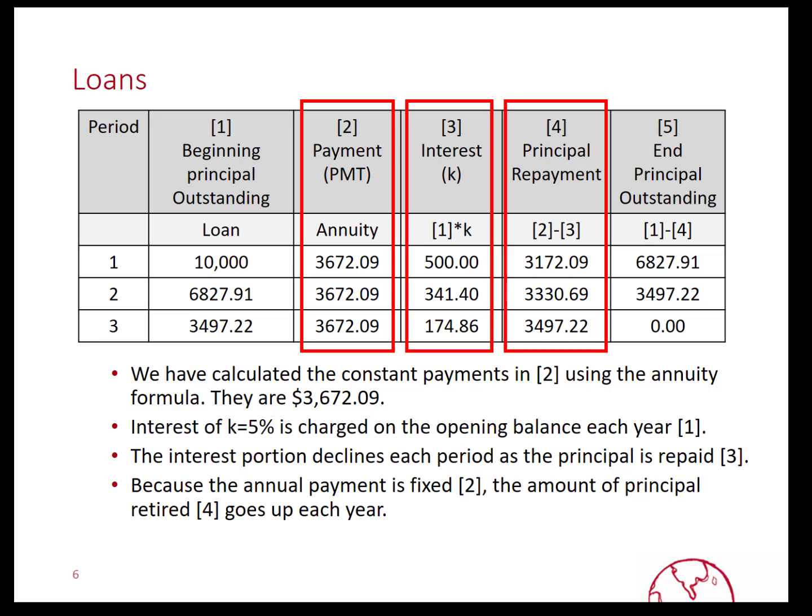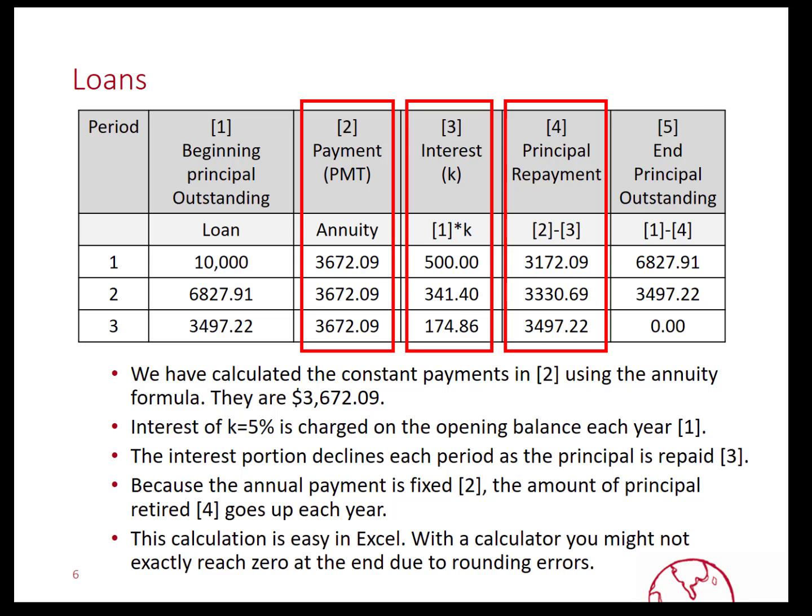The principal amount in year 1 is going to be $3,172. So by the end of the first year, our loan of $10,000, subtracting that principal repayment, is going to be $6,827.91.